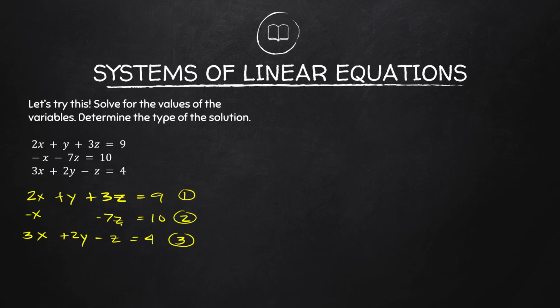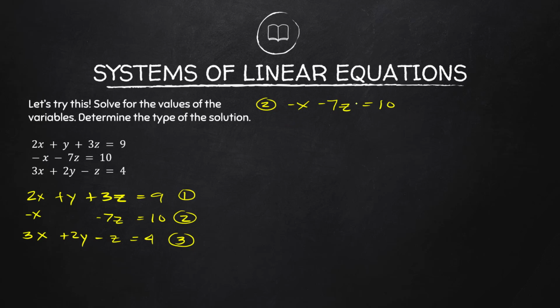In that case, we can easily manipulate this equation to write one variable, specifically x, in terms of the other variable, z. So if you take equation 2, that will be negative x minus 7z equal to 10.